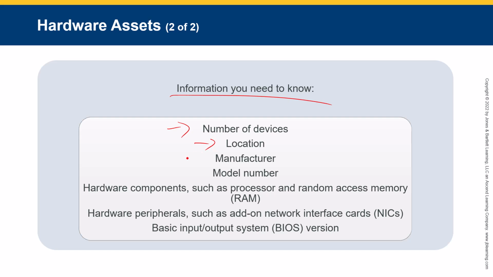Is there an inventory sheet that lists the manufacturer, model numbers, how many resources like RAM, NICs, BIOS version, CPU type, end of life, and end of support details? OSs, patches, software. These are things that you're going to need to know on your hardware.